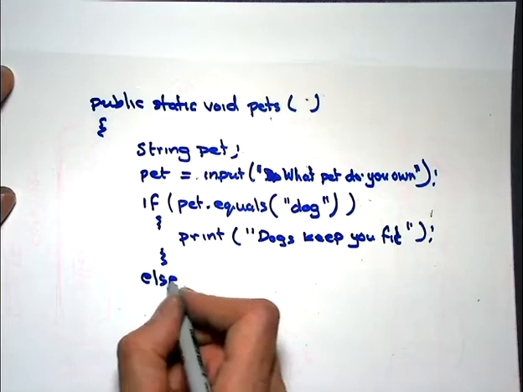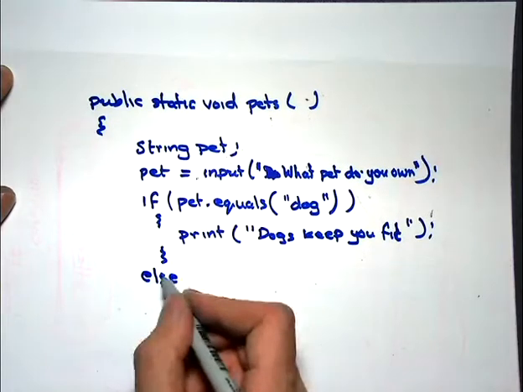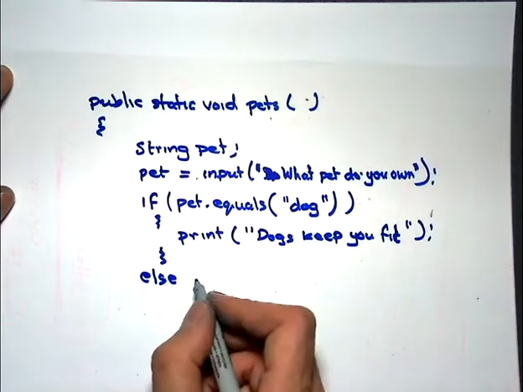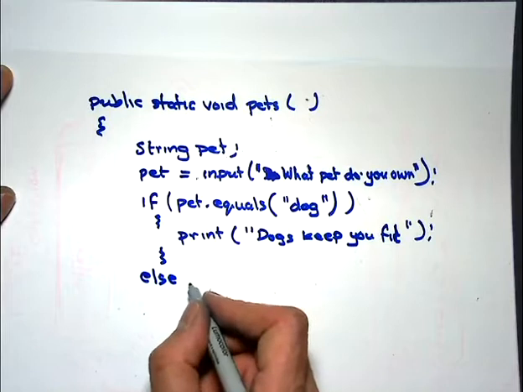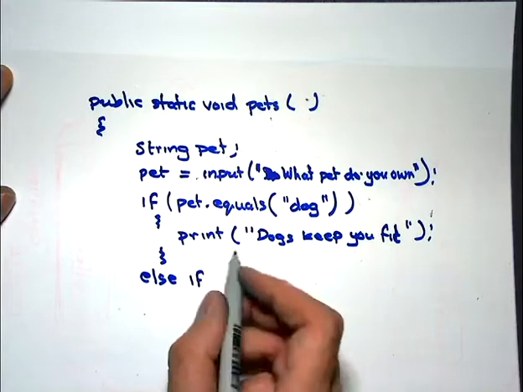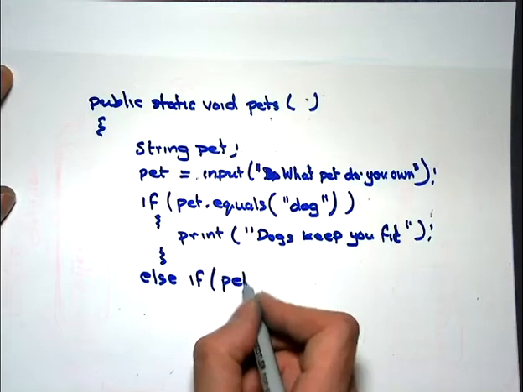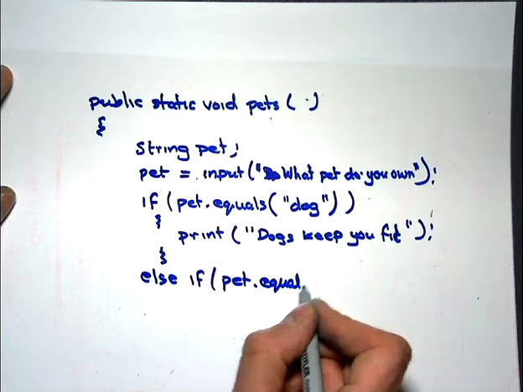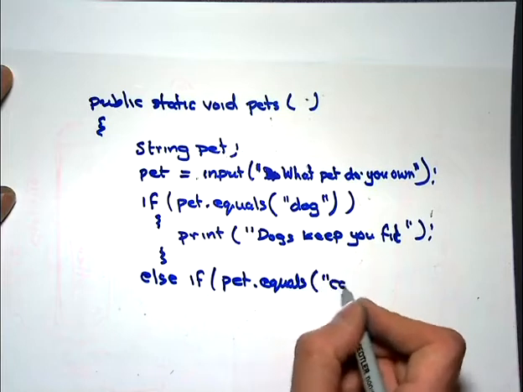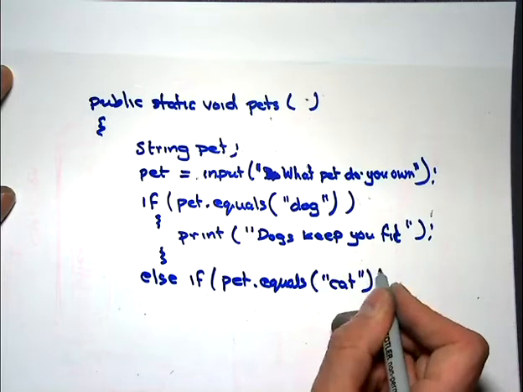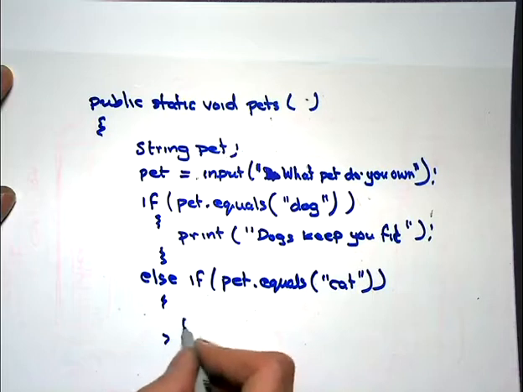And then else, because it's always if else, but this time what I want to do is ask another question. If it wasn't that, what I want to do is ask another question, so I start another if pet dot equals cat, then I print something else.